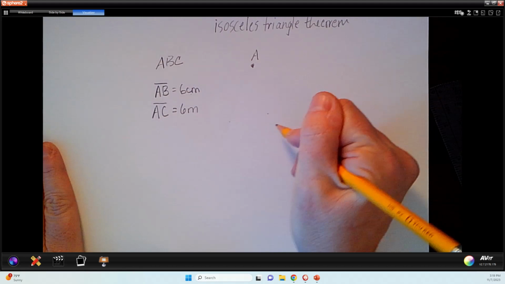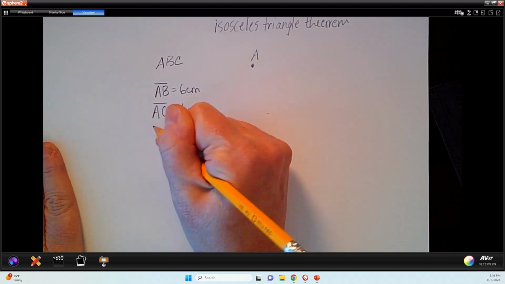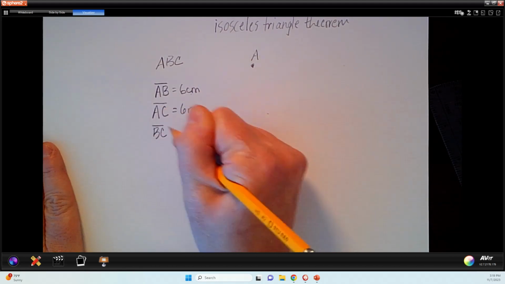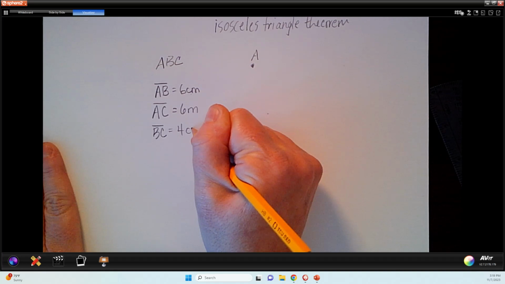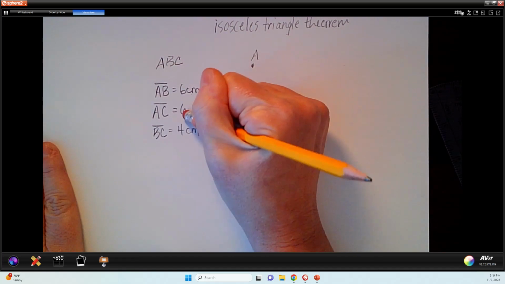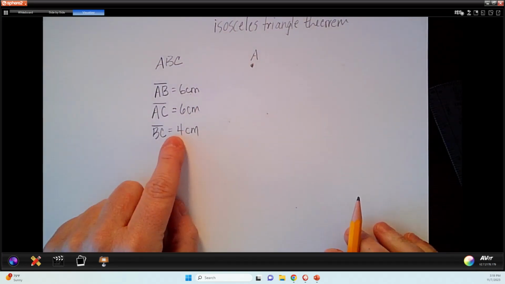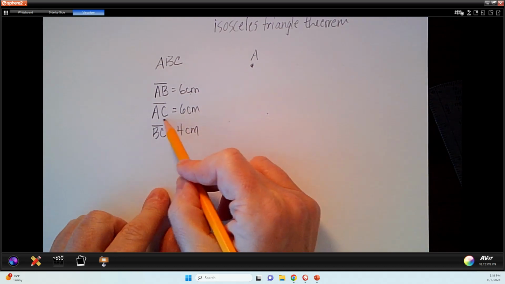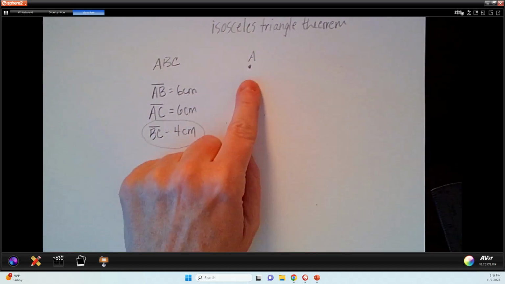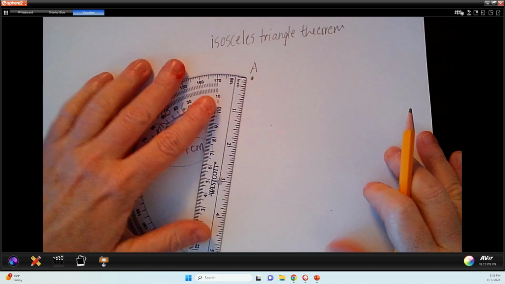Let's say the bottom, which is just going to be the BC, is 4. Now, I don't really even need that because I'm not even that concerned about the base of the line segment. In fact, let's just leave this off and let's just make two lines that are 6 centimeters.